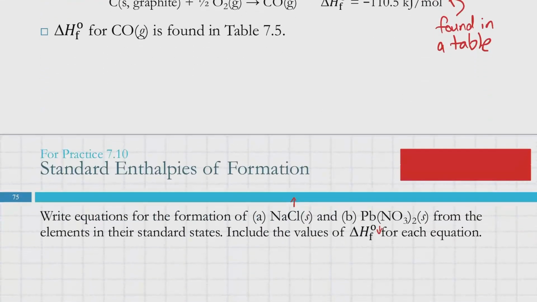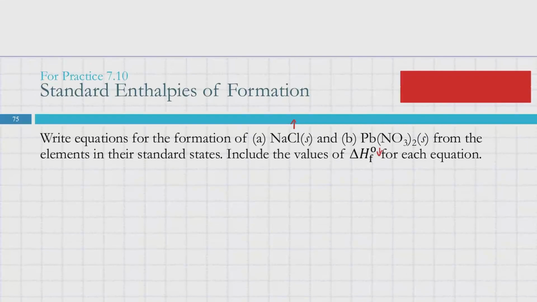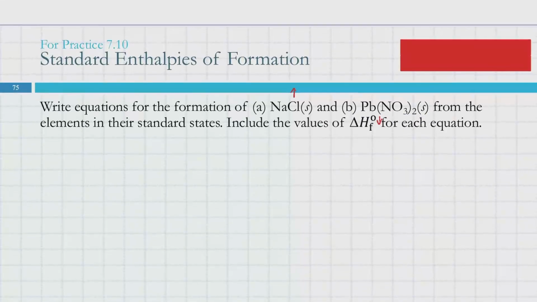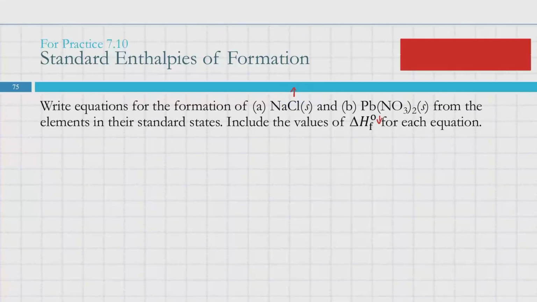Some other examples. We want to write equations for the formation of sodium chloride and lead 2 nitrate from their elements in standard states, and we want to include the values of the standard heat of formation for each equation. The arrows here are showing which way you have to go to get to the table. So we saw sodium chloride before.